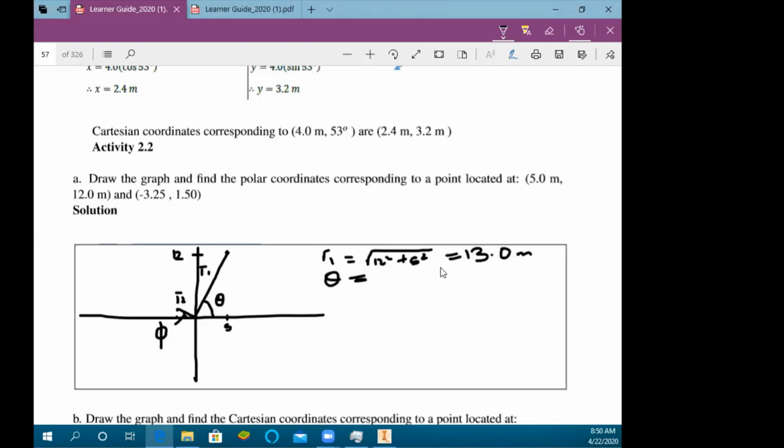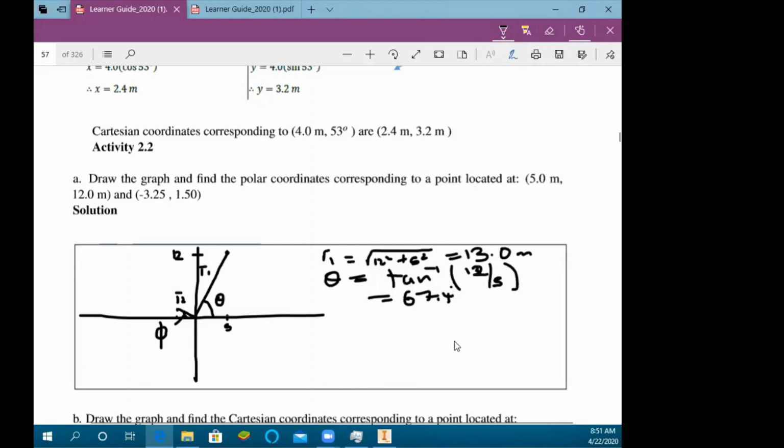So theta is arctan opposite, which in this case is 12, over 5. What are we getting? 67.4 degrees.